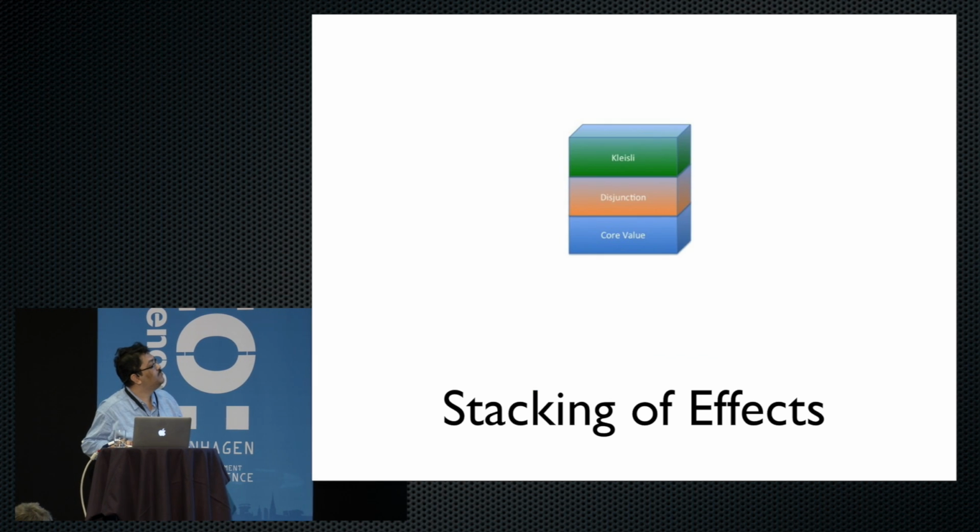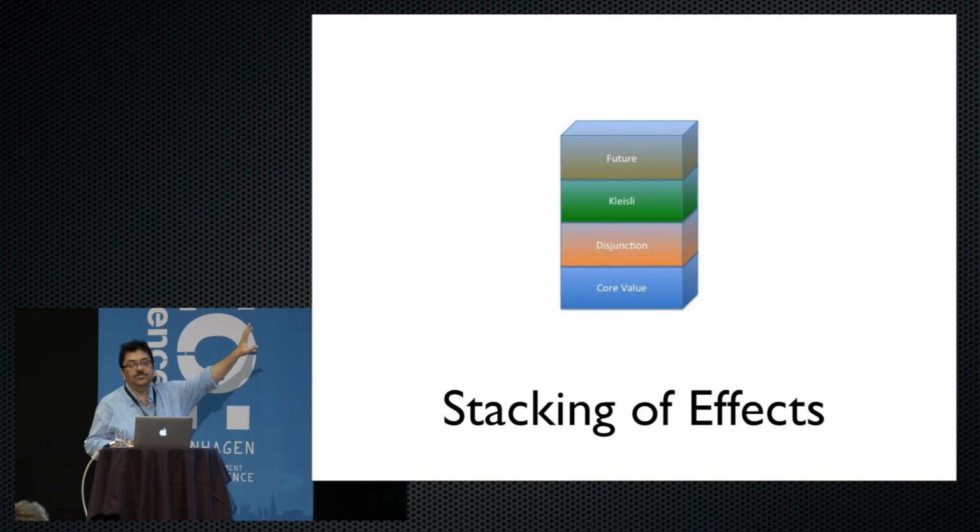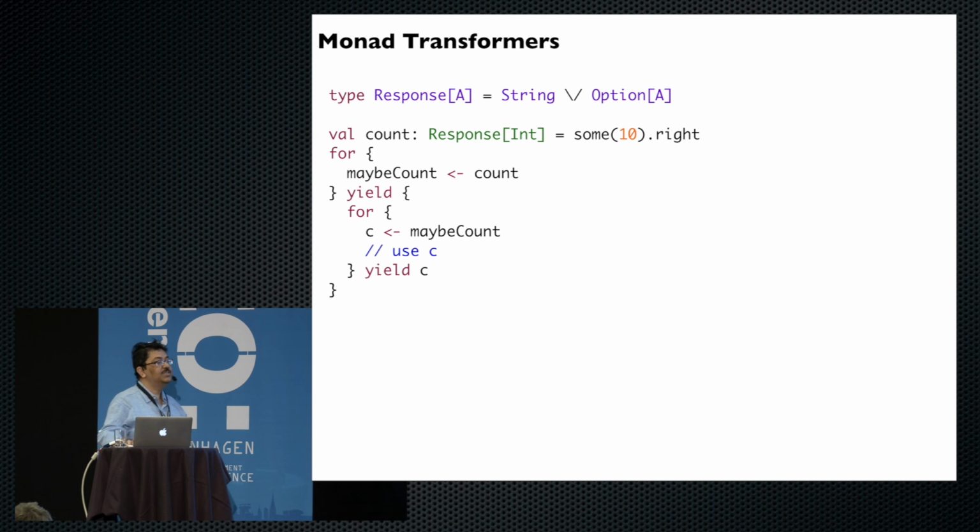Something like this. We have the core value, we have disjunction as an effect, we have Kleisli as yet another effect, and on top of that we would like to have future stacked as yet another effect, which will give us the way to make our APIs elastic.